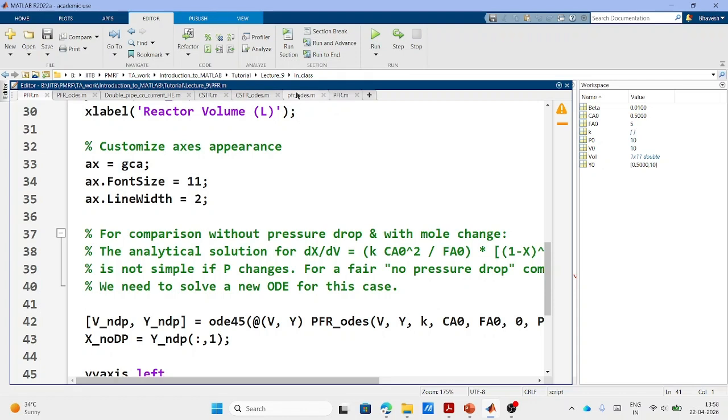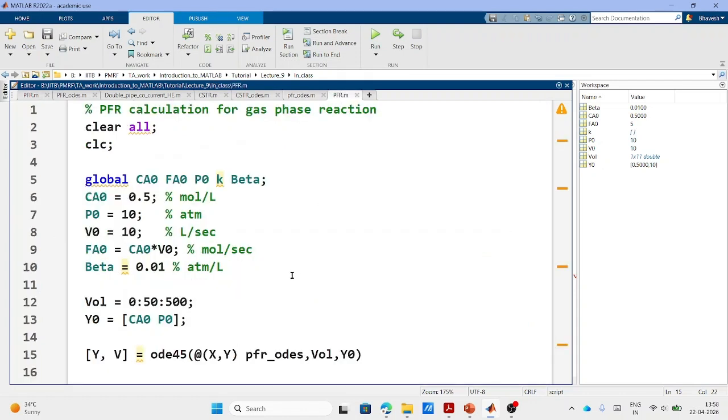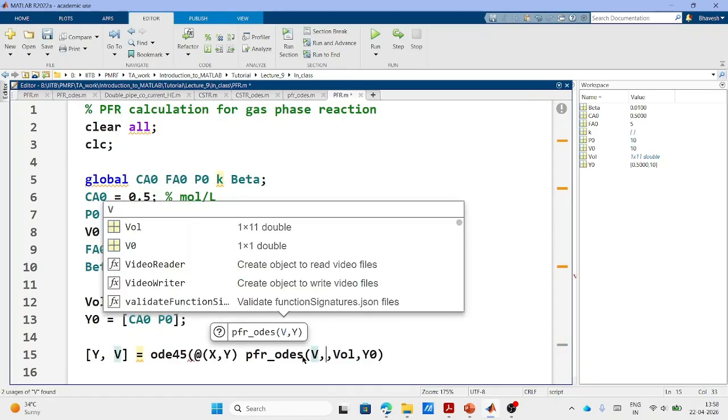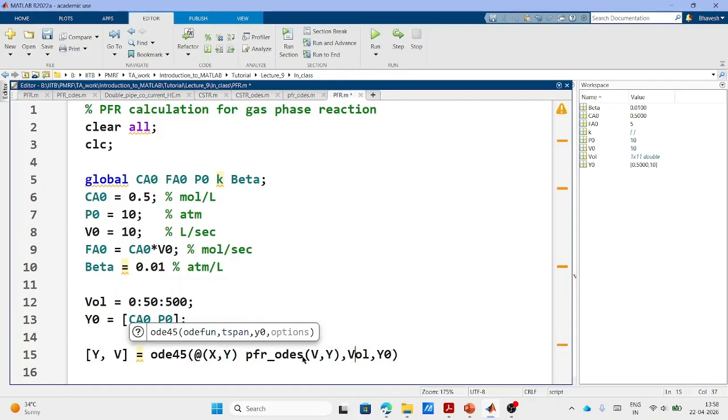So here, since I'm calling the PFR ODEs function, you have to write volume and the y value. You have to call every value, then only you can run it.